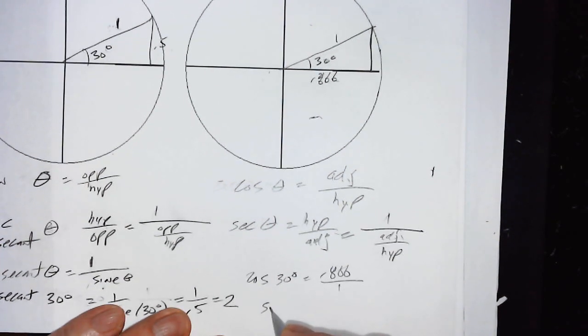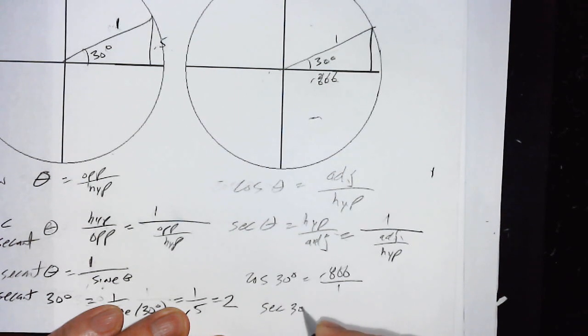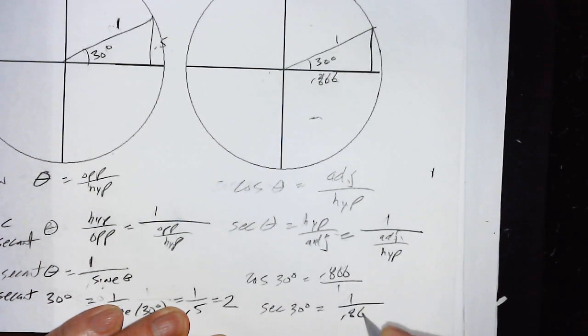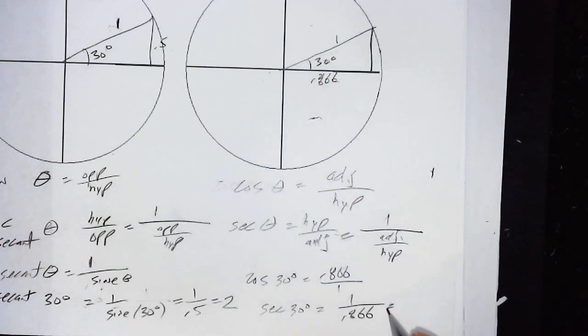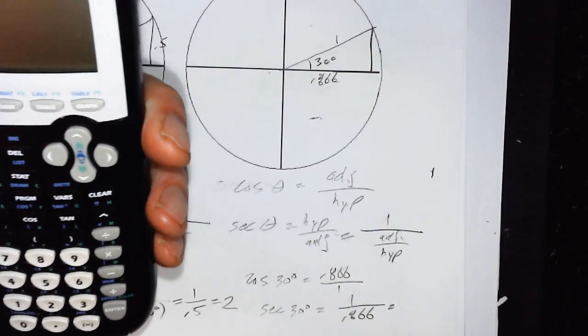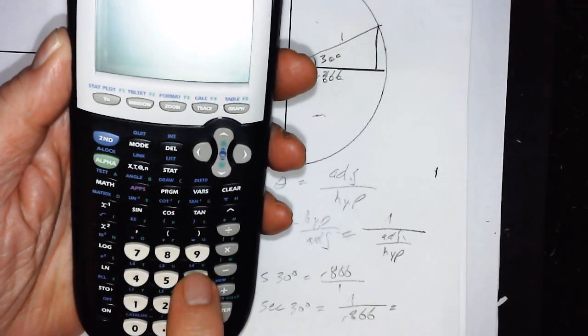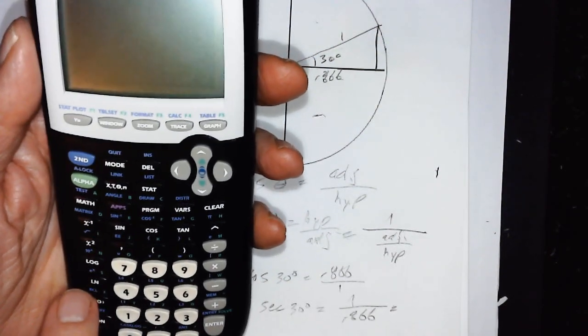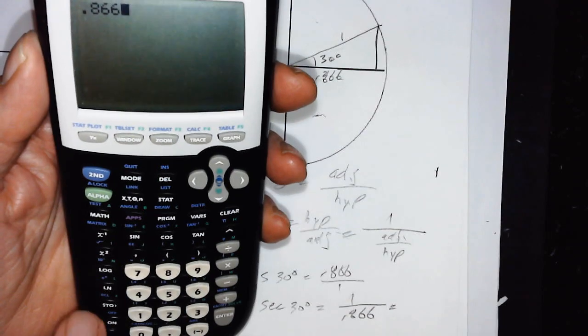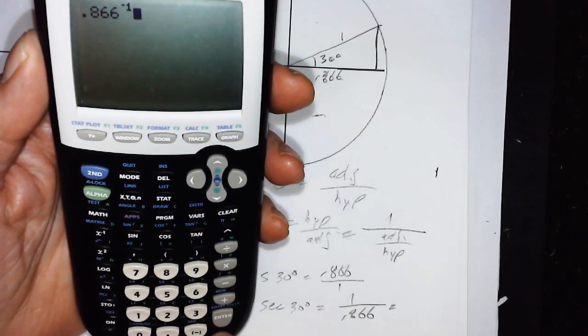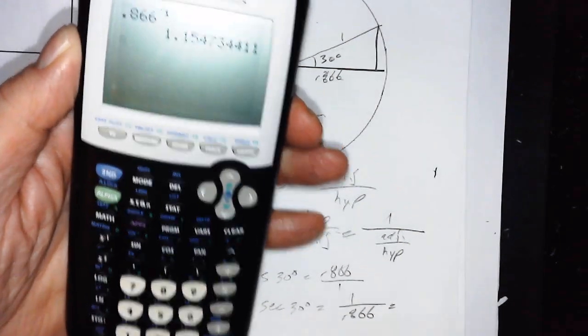The secant of 30 degrees is 1 over that, which, if I put that in my calculator, 0.866, I'll put 1 over that, the inverse, equals 1.15.